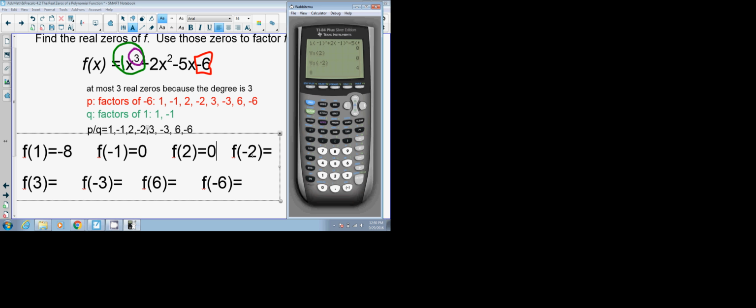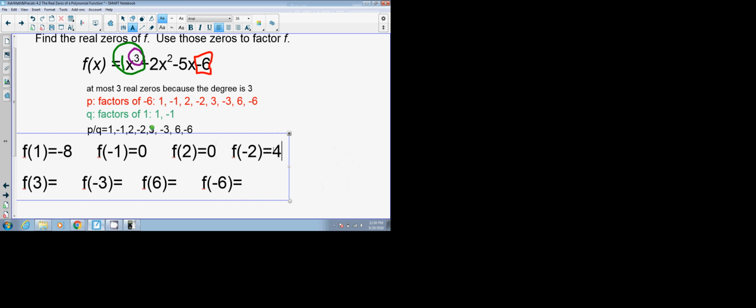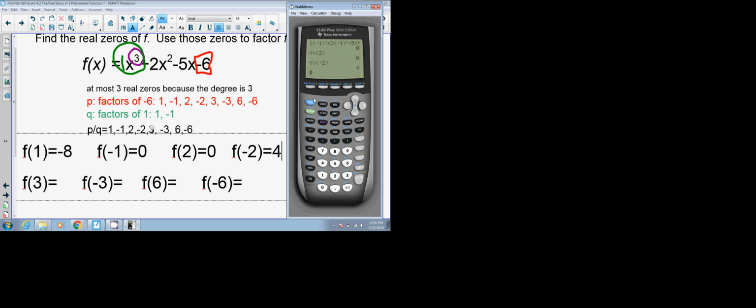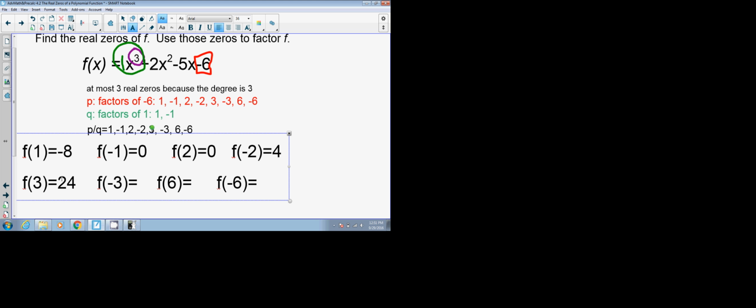So when x is negative 2, my function is 4. Again, I'm just going to continue this process for each of them. And you can plug these in individually if you would like. So y1 of 3 is 24.